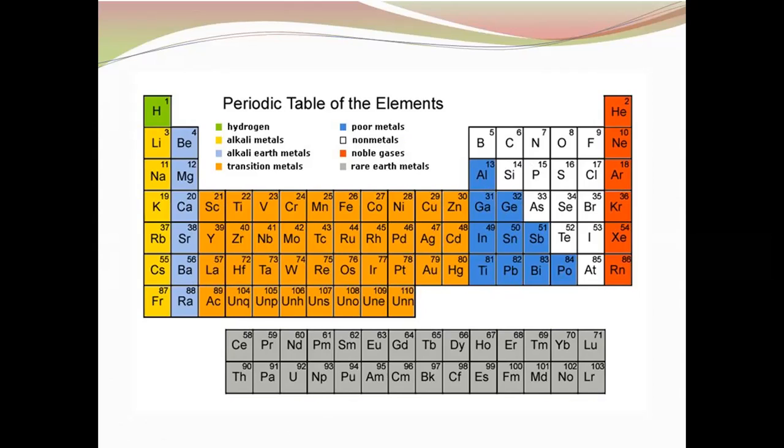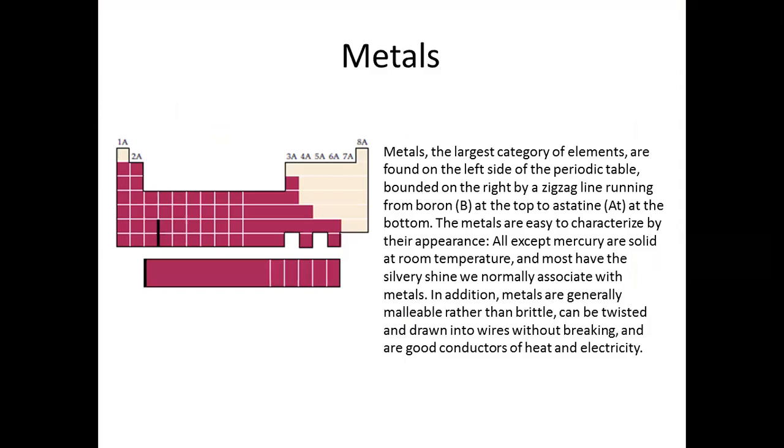So let's first have a look into the detail of the properties of the elements and their distribution in the periodic table. The first one: all these metals starting from 1A group, and all these elements which are shown here with the pink or the purple color are called the metals.